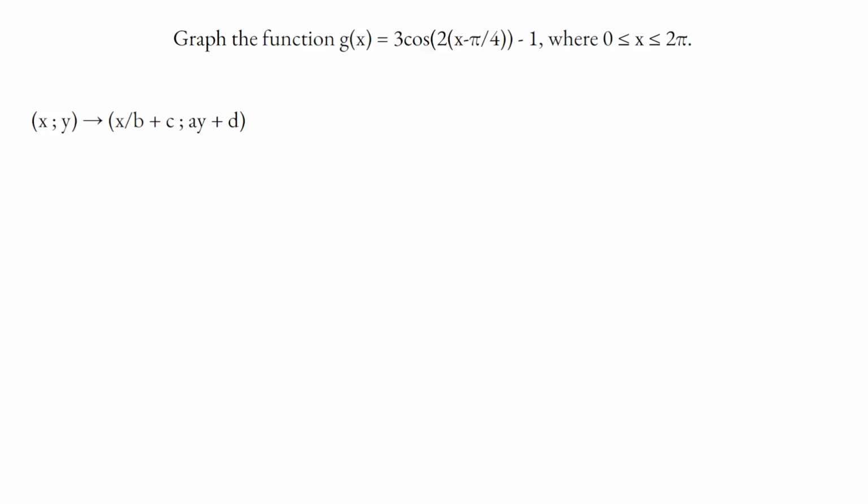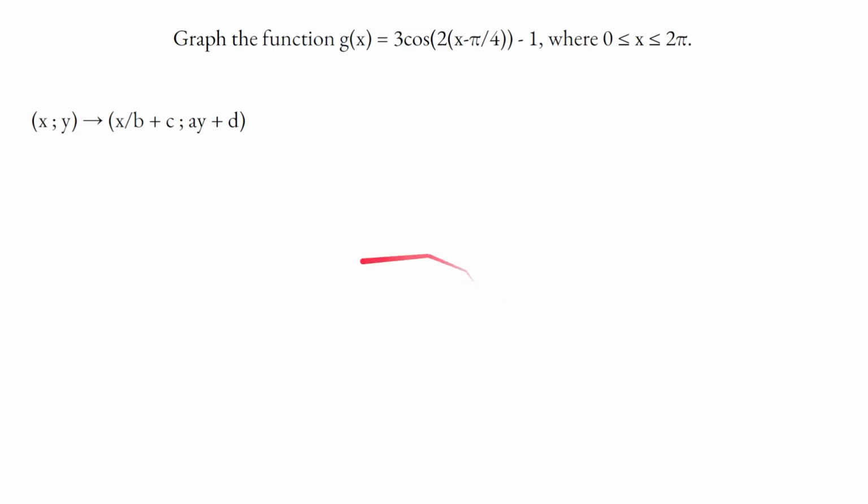Now, how would we graph the transformations? Say we have the function g(x) is equal to 3 cos(2(x minus pi over 4)) minus 1, where x is greater than or equal to 0, but less than or equal to 2 pi.